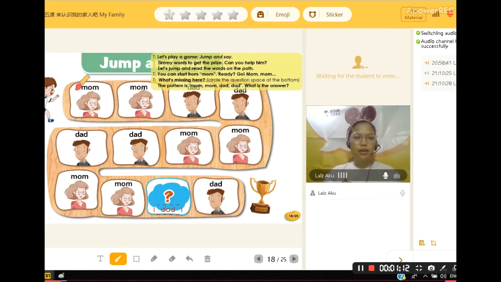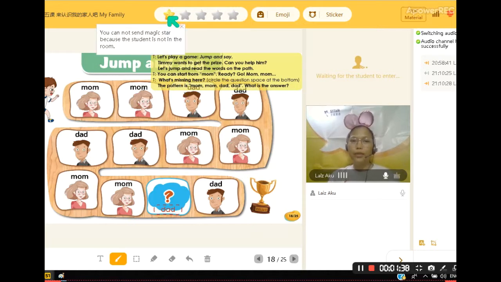Find the missing part here. The pattern is mom. Jump, mom, mom, dad, dad. What is the answer? The student will say, dad. Very good. Don't forget to give a magic star.